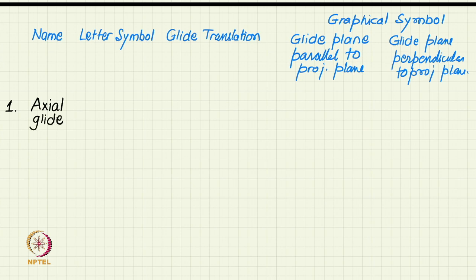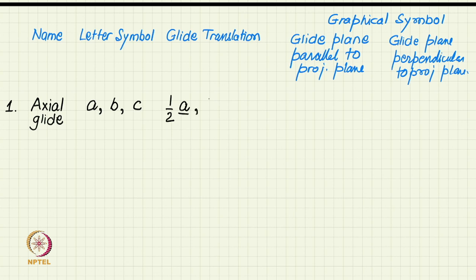which means that the glide translation is along one of the crystallographic axes, A, B or C. So, based on that, the symbols given are also A, B and C. So, we will call it A glide, B glide or C glide, depending on whether the glide translation, and we have seen that the glide translation has to be half of the lattice translation.